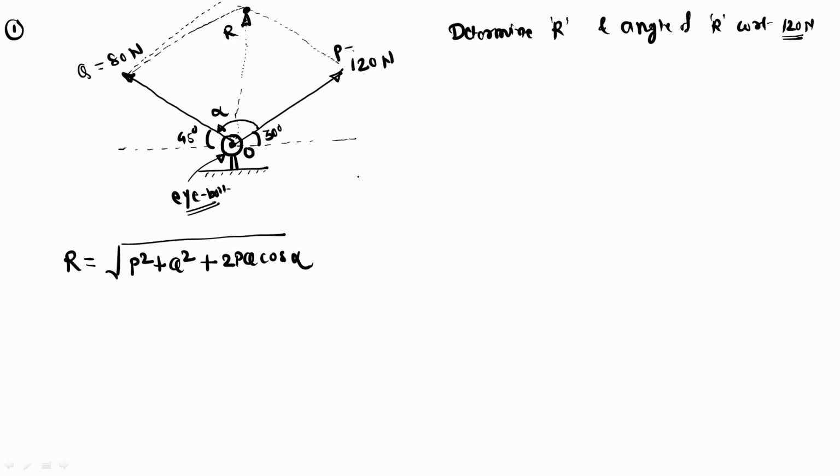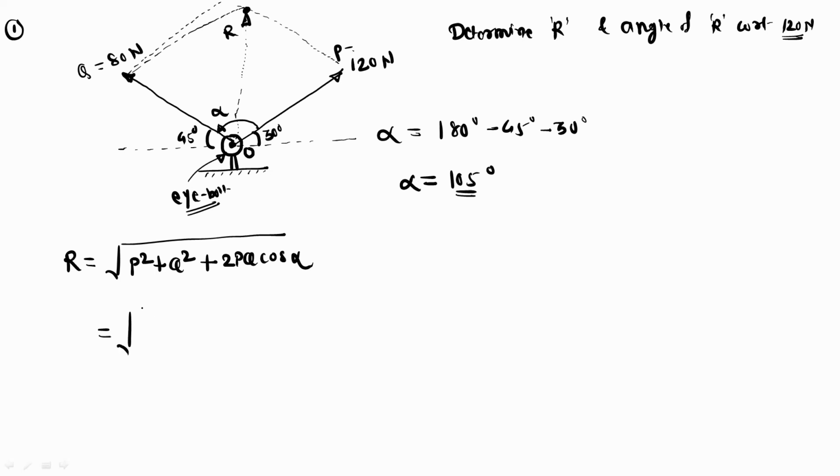So alpha here we can find out by using 180 degree minus 45 degree minus 30 degree. Okay. So 45 plus 30, it is 75. 180 minus 75, so the remaining value is 105 degree. So this is the value of alpha.